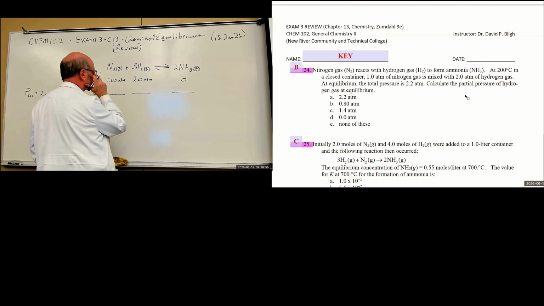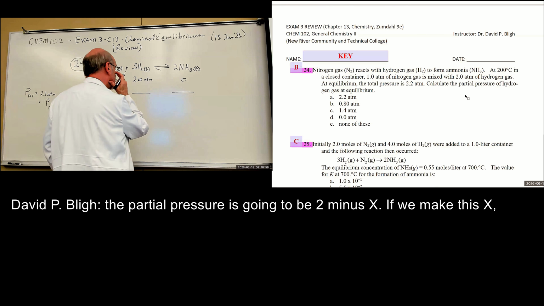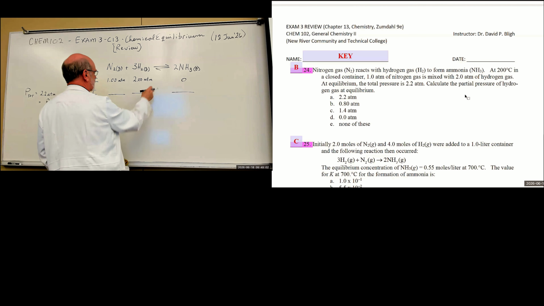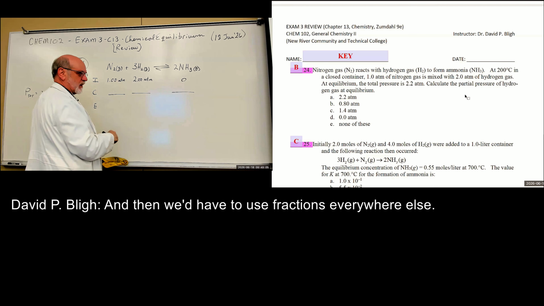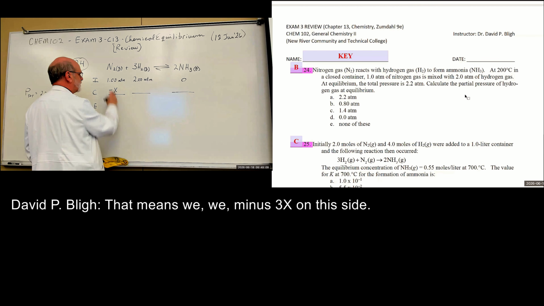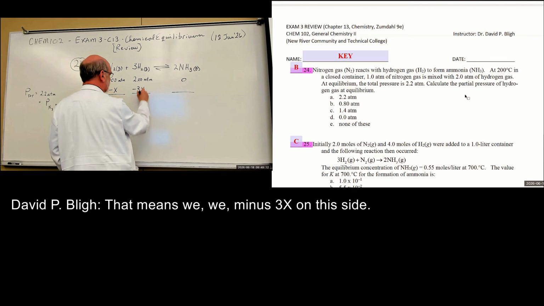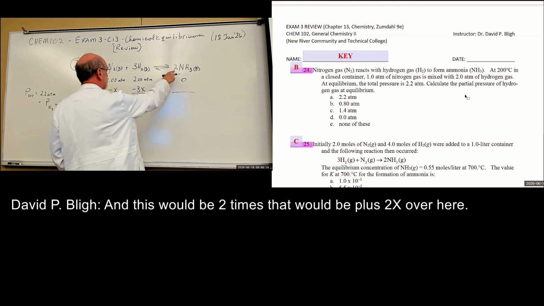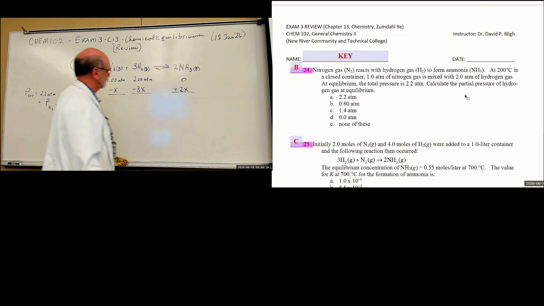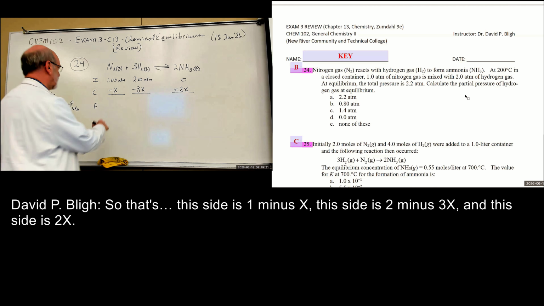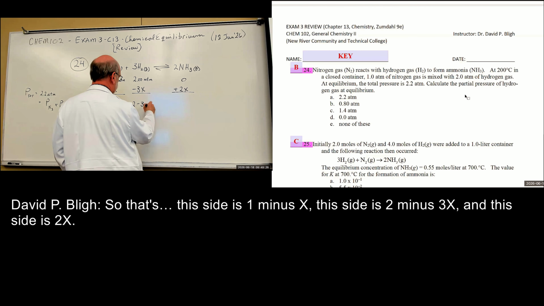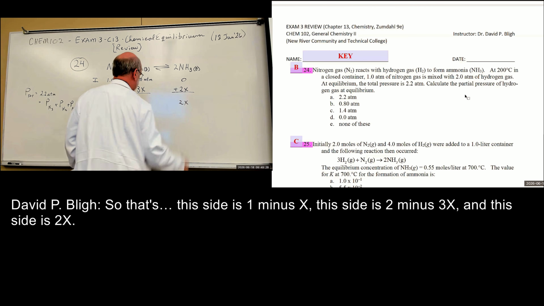Well, actually, it doesn't matter, because the partial pressure is going to be 2 minus X. If we make this X, then we'd have to use fractions everywhere else. So why don't we make this one X? That means we minus 3X on this side, and this would be plus 2X over here. So this side is 1 minus X, this side is 2 minus 3X, and this side is 2X.